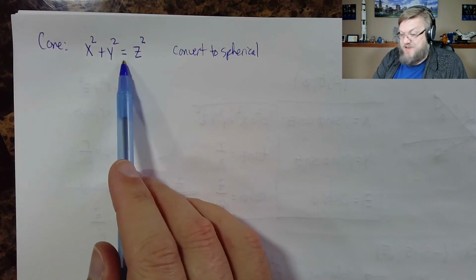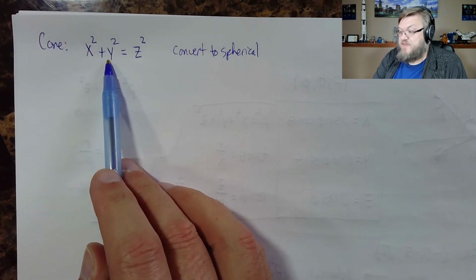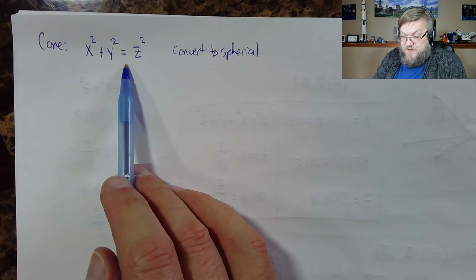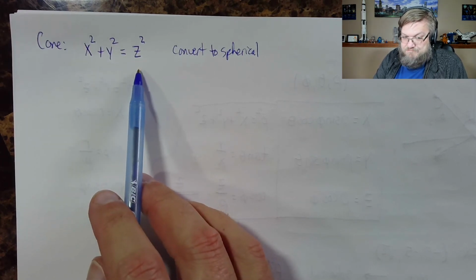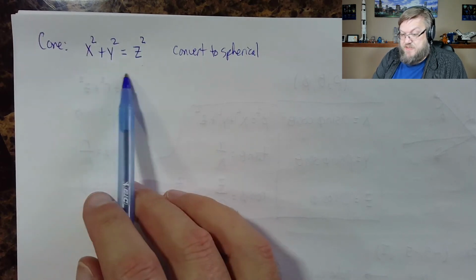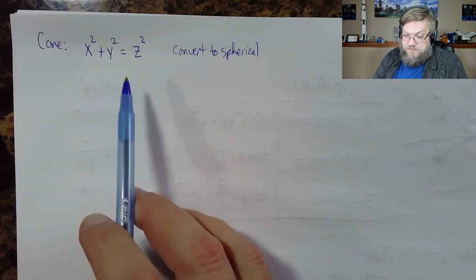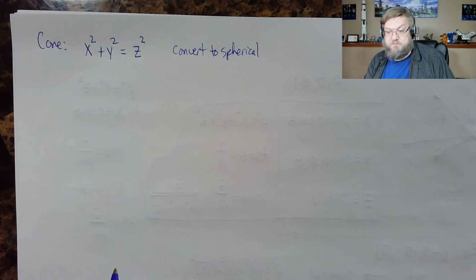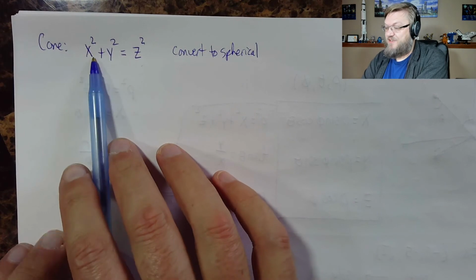But do you see, this is not what I have. I have x squared plus y squared, which starts out great, but then it's minus z squared if I bring that over. So that's not quite good enough to just say it's rho squared. Well, not seeing any immediate tricks, we just dive right in and replace x, y, and z with their formulas in spherical. This problem is going to get a bit ugly before it gets cleaner, but it will get pretty clean. I promise that. So here we go.